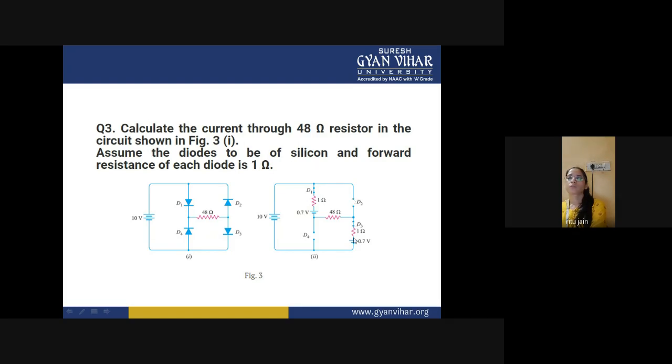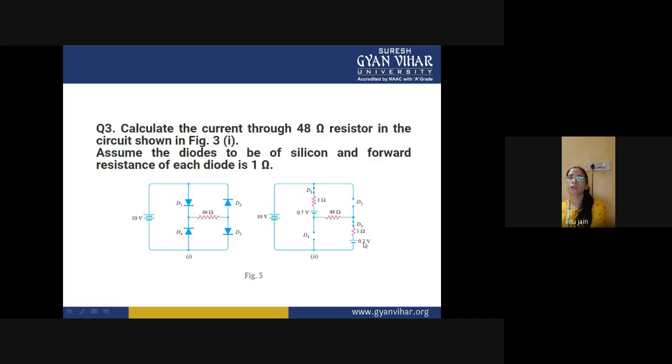So you are taking 1 ohm resistance here and 1 ohm resistance over here, and D1 and D3 are connected to each other, and the voltage drop across the diode when it is forward biased is 0.7 volt, and 0.7 volt for diode D3 also.